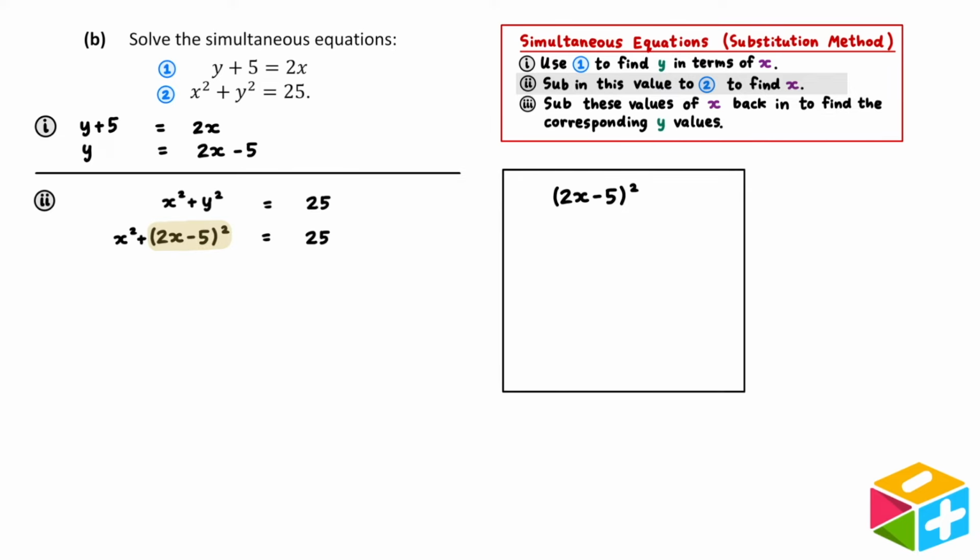From here, let's focus on expanding out this 2x minus 5 all squared. Squaring a number is the same thing as multiplying that number by itself. So 2x minus 5 squared is the same as 2x minus 5 times 2x minus 5.